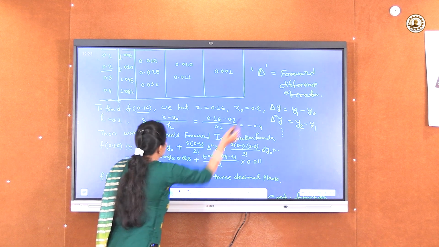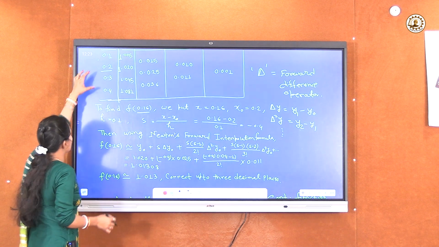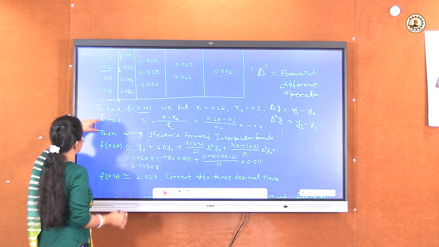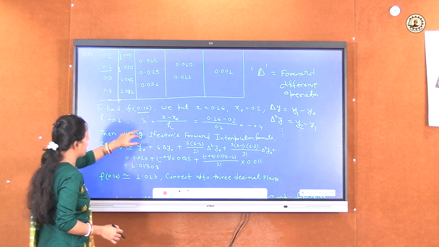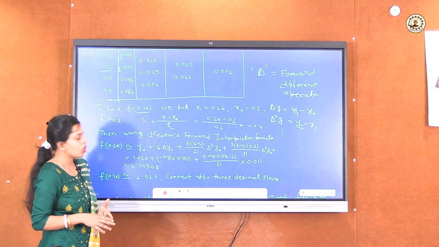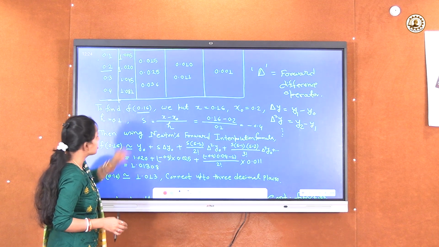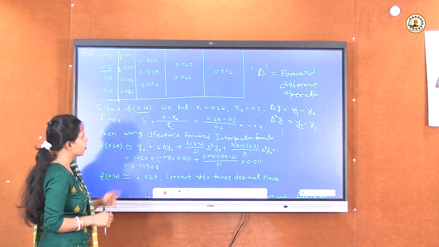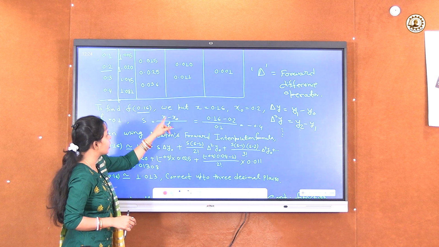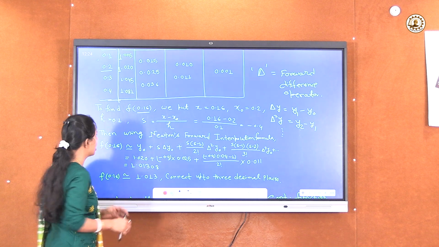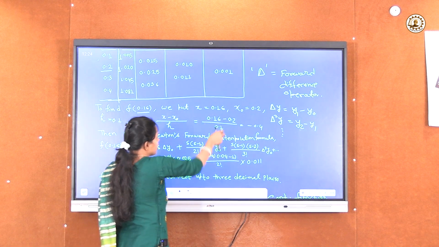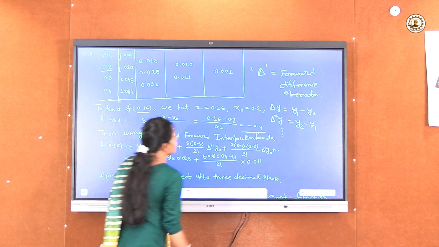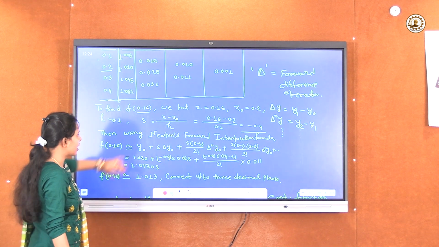So x0 is 0.2 and h, our step length, is 0.1. We introduced s as (x minus x0) divided by h, and putting all the values here, our result is minus 0.4. This is the s value.